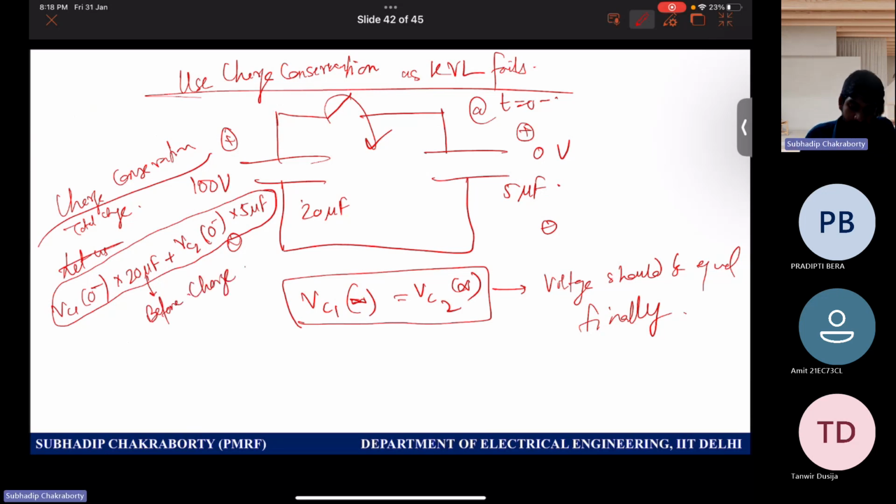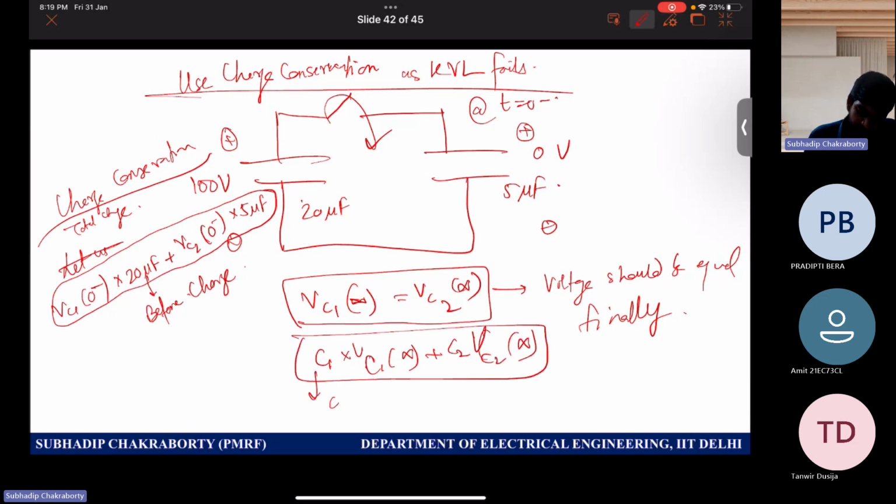So it should be equal to the charge after. So what is the charge after? C1 into VC1 infinity plus C2 into VC2 infinity. This is the final charge. So both should be equal, right?